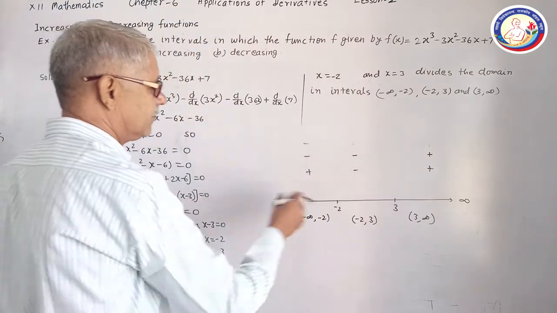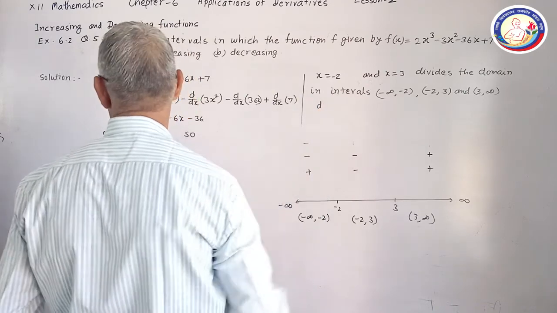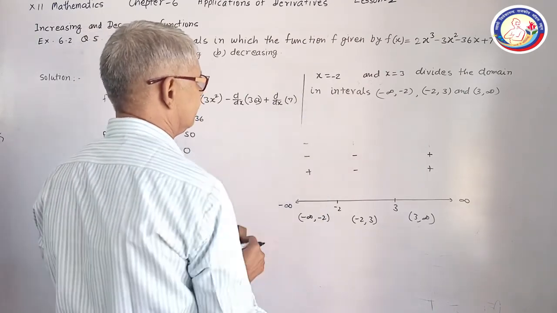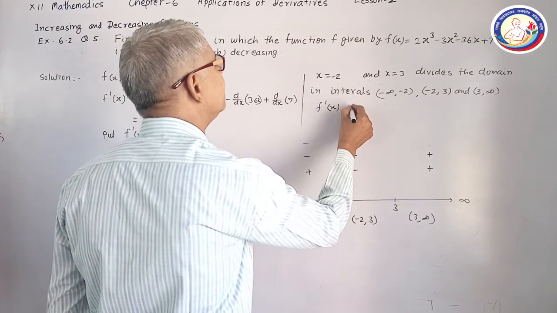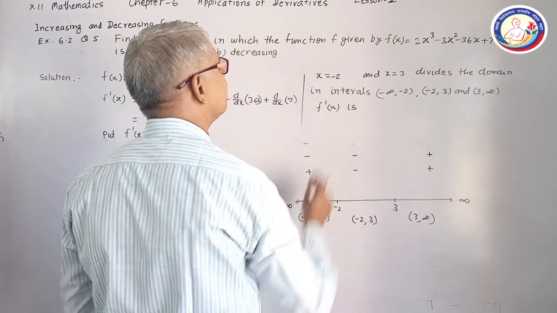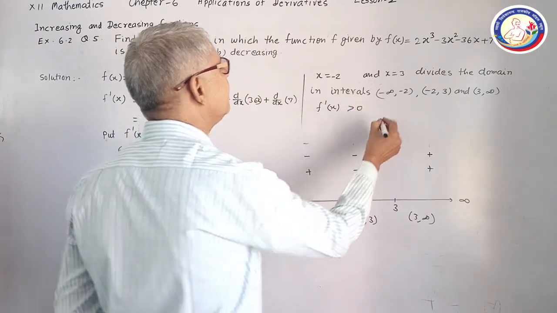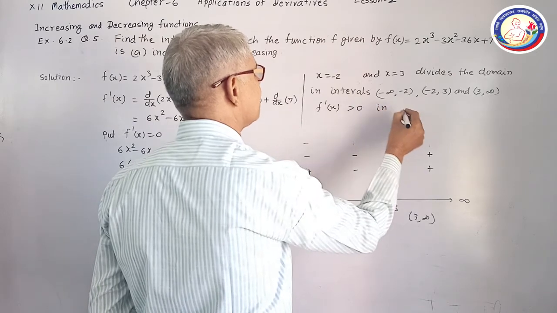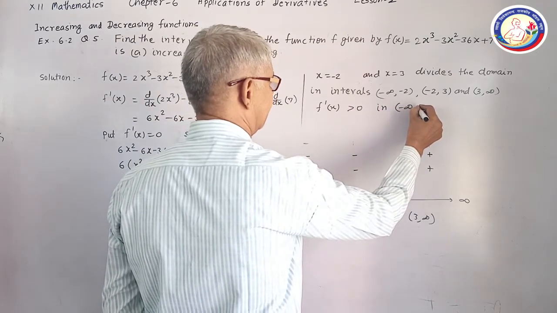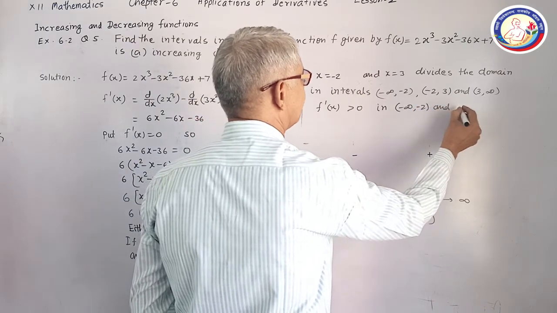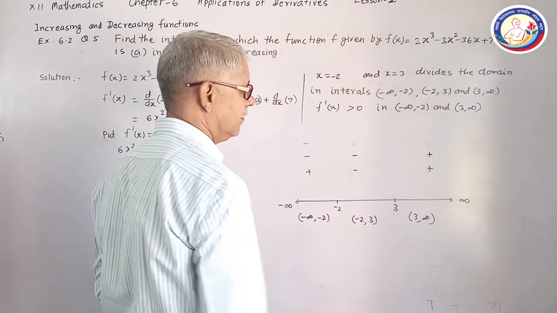And what about the signs? We have discussed it. f'(x) is greater than 0 in the minus infinity to minus 2 and 3 to infinity intervals.